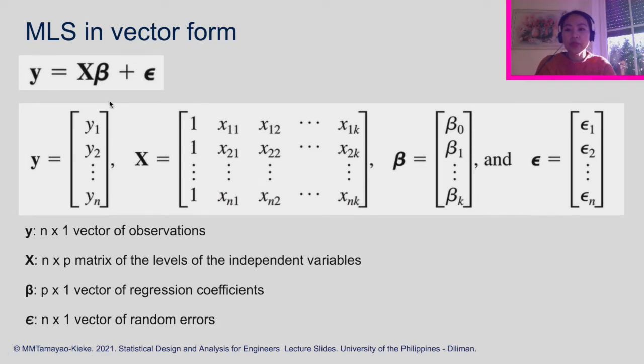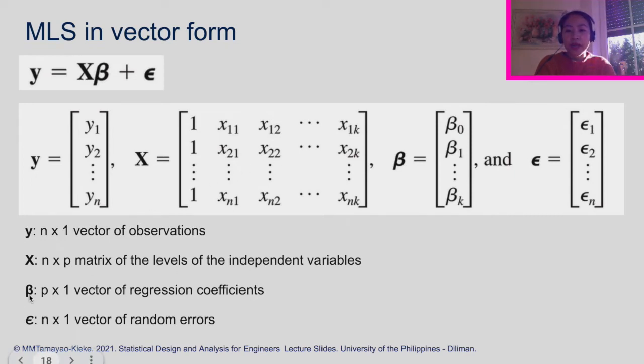Now we can express this in vector form: y equals X beta plus epsilon, where y here is the n by 1 vector of observations for your dependent variable. X here is the n by p matrix of the levels of the independent variables.